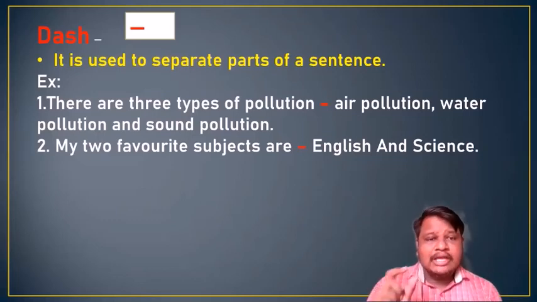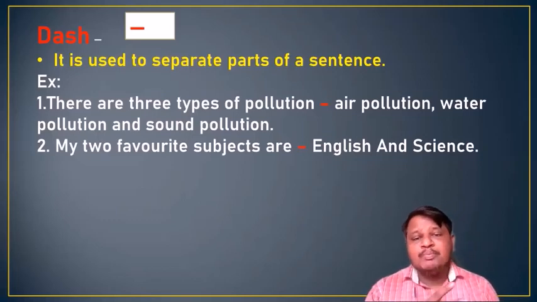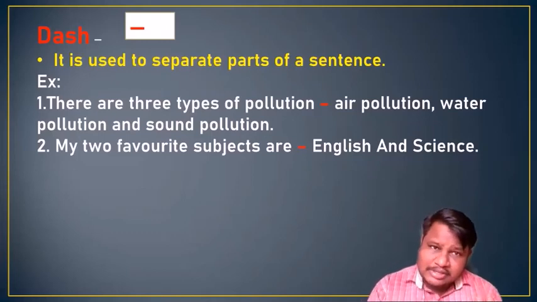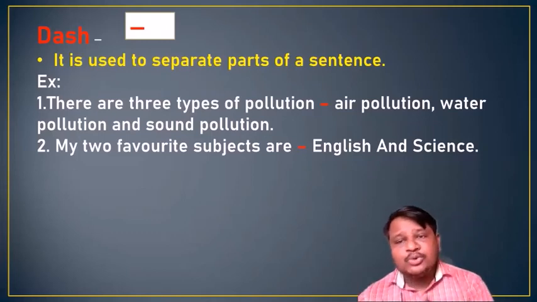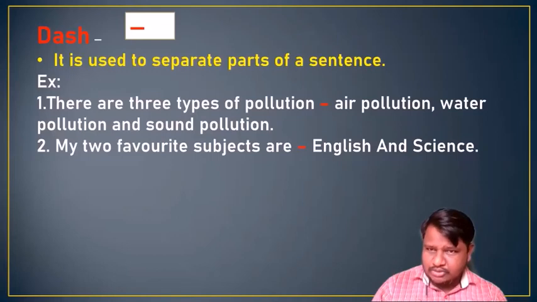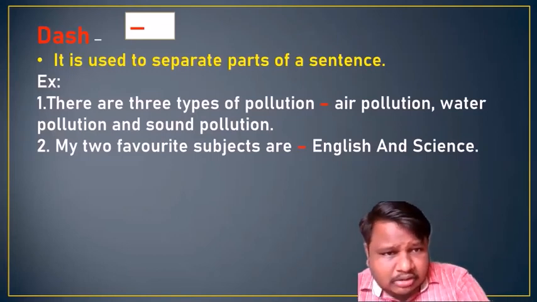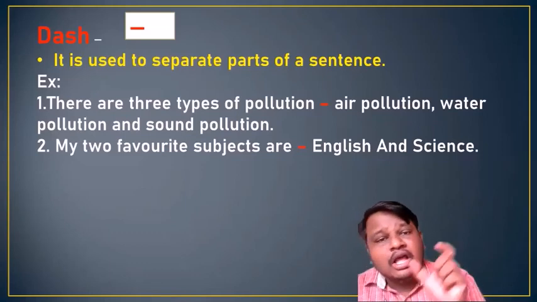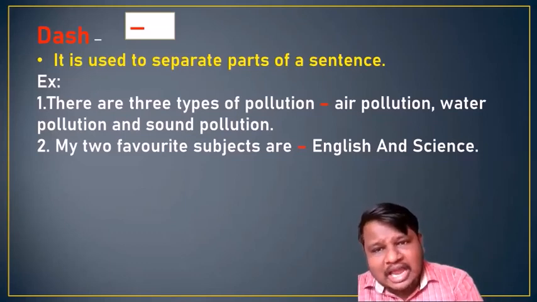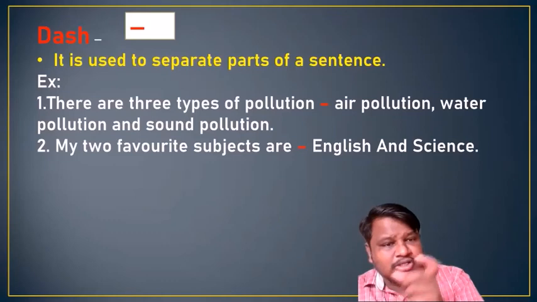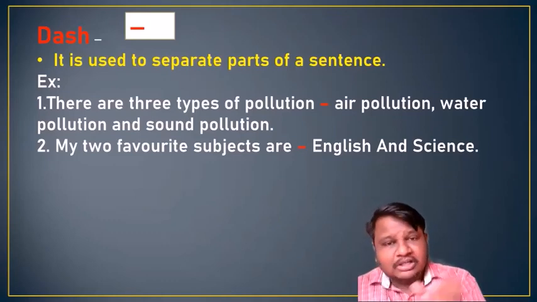The first one is, there are three types of pollution. This is one part, and air pollution, water pollution, and sound pollution is the second part. There are three types of pollution is the first part of the sentence, and air pollution, water pollution, and sound pollution is the second part.